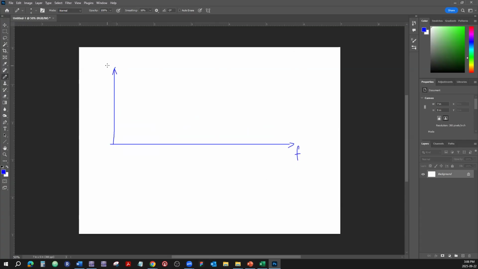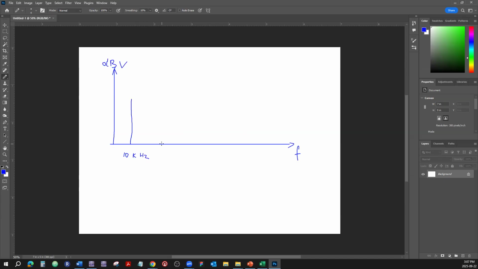And here would be, well, it could be the dB, and let's say dBV. And we're going to have a little bit different type of display. So let's say here we're going to have a little spike that shows our fundamental frequency. Let's say it's 10 kilohertz.